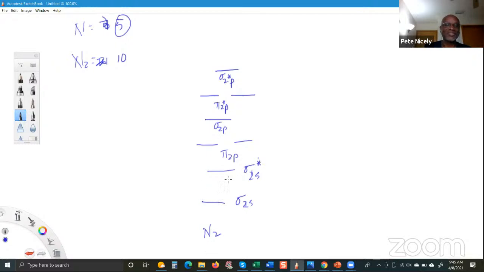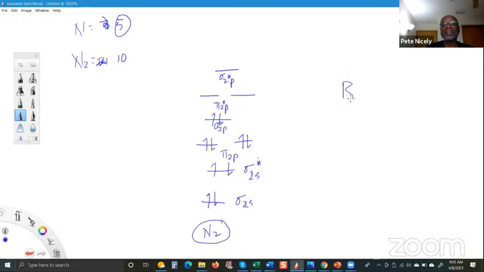So we have 10 electrons to assign. The way we assign the 10 electrons would be 1, 2, then 3, 4, then 5, 6, 7, 8, 9, 10. All right? So that's basically how the electrons are assigned in the valence shell among the molecular orbitals in the case of the nitrogen molecule.